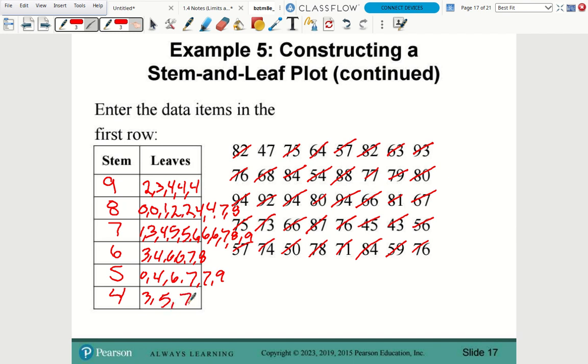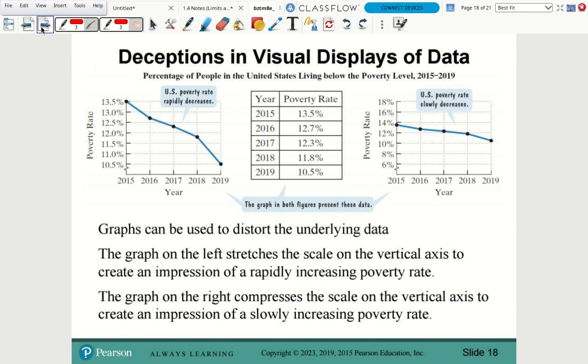As you're trying to fill in the leaves, I didn't leave enough room for this, so if you need to, put it off to the side. Since you have lines on your notes, it makes it easier, and your handwriting is a lot better than mine. It kind of makes a bar graph or a histogram, but going sideways.